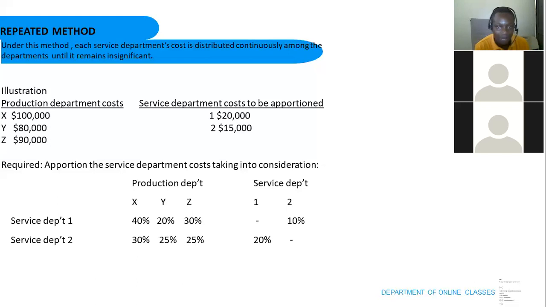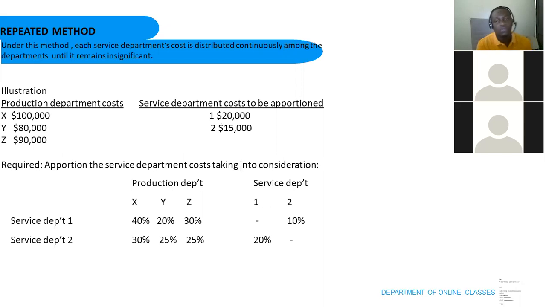There are other methods, such as the algebraic method and the matrix method, but our focus will be on two methods. That's what your syllabus allows us to look at. That's the repeated method, and then the elimination method. So today our focus will be on using the repeated method to apportion our service department costs.